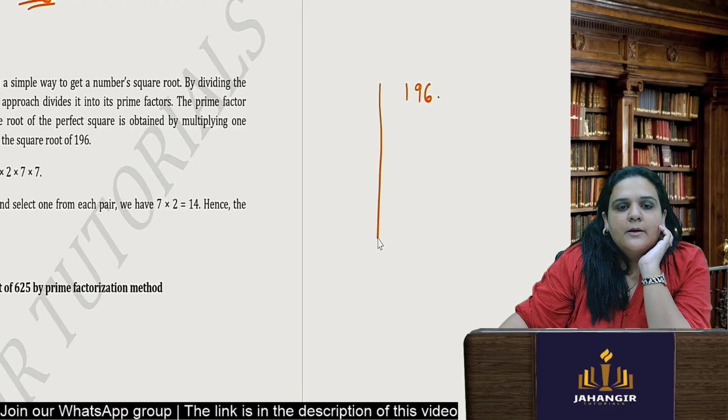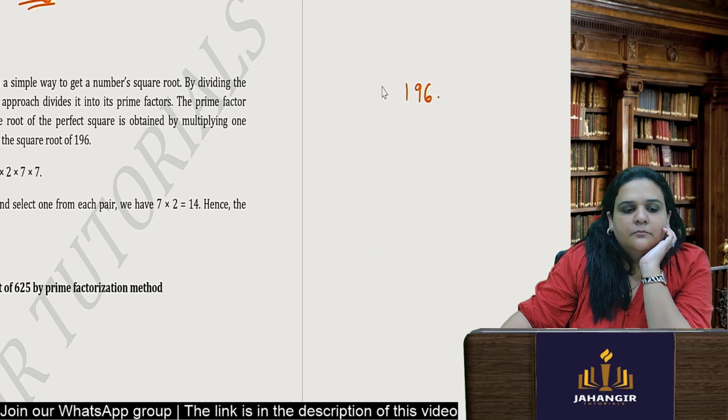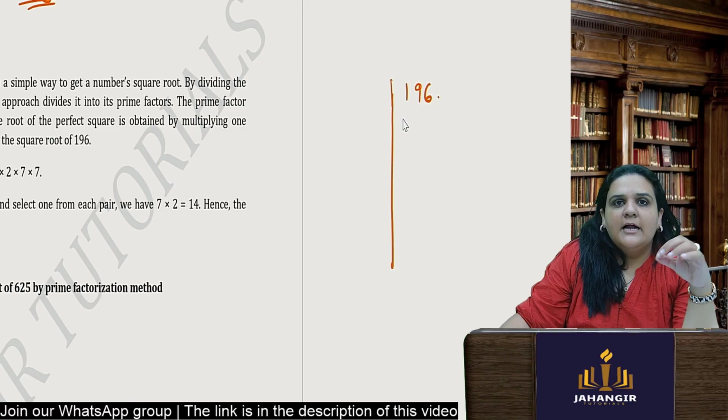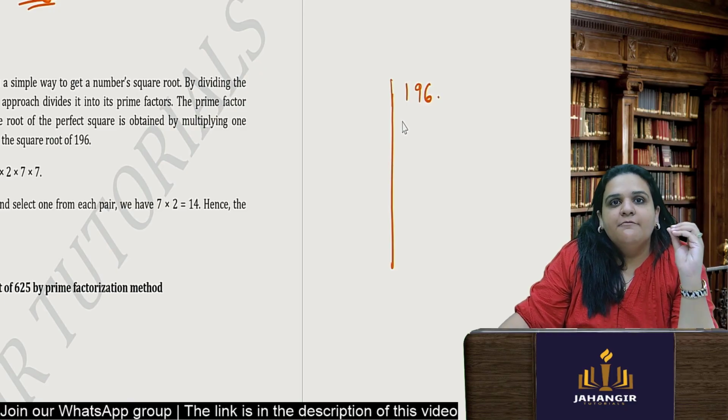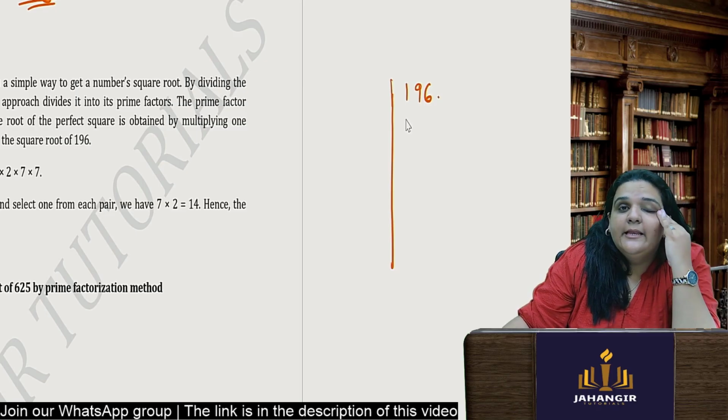Simple, just make one division line here. Now start with any of the prime numbers. Prime factorization means we are talking about the prime numbers 2, 3, 5, 7, all those prime numbers.